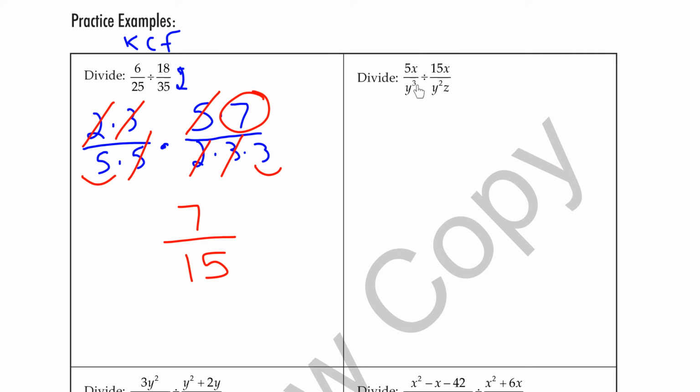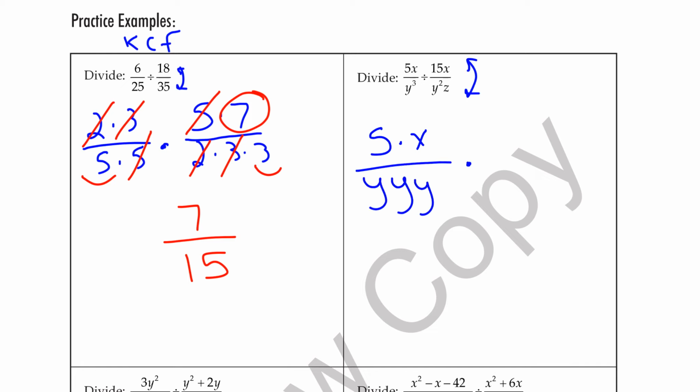Okay, over here, don't forget, keep it, change it, flip it. So we're going to flip this second fraction. So 5 times x is a monomial. I'm just going to tear it apart: 5 times x, y cubed, y times y times y.